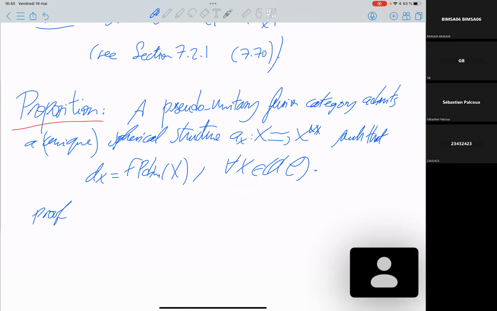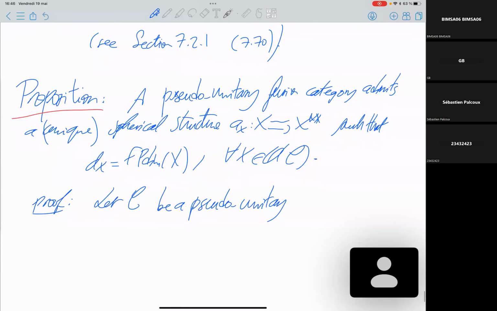So proof. I guess I will have no time to finish the proof today, but I will start. Proof. Let C be a pseudo-unitary fusion category.